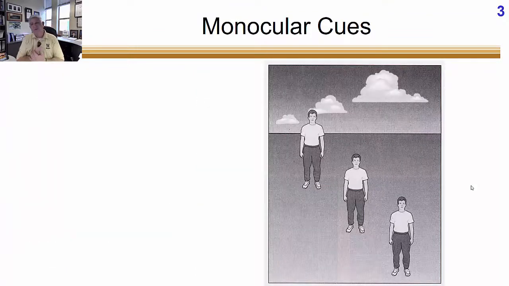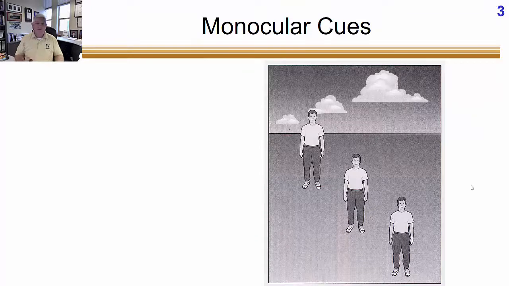All right, if we look at this picture, which cloud is the furthest away? The one on the left or the one on the right? Okay, which person in the picture is furthest away? The one on the left or the one on the right?